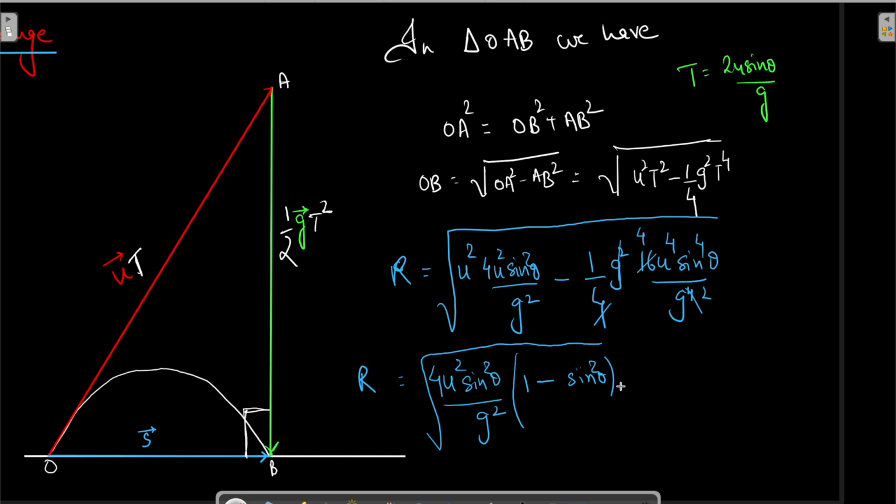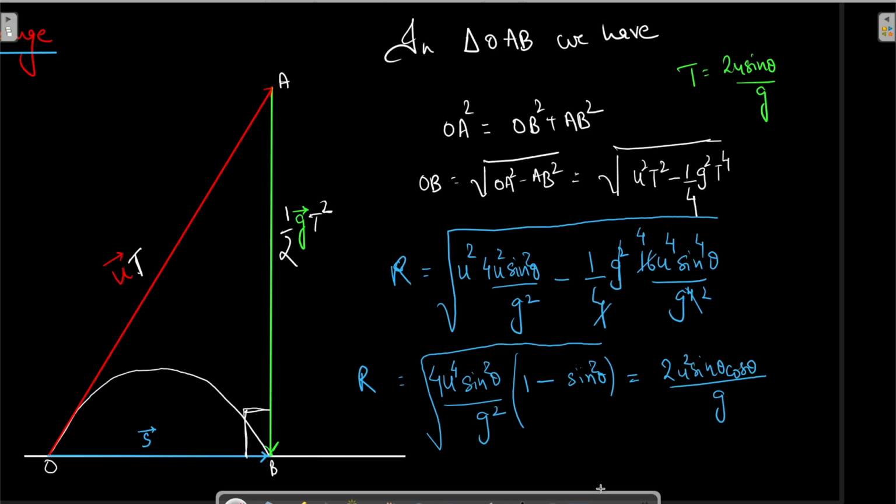Now this is cos square theta. All of them are squared only, so we can remove the square root and we get 2u sine theta cos theta by g. Sorry, u power 4 it was. It's not u square, u square will be outside the square root.